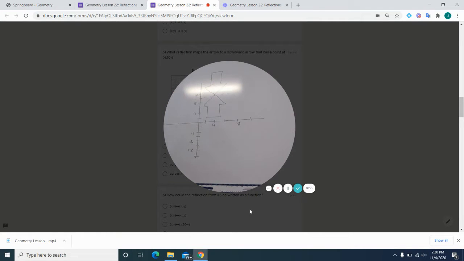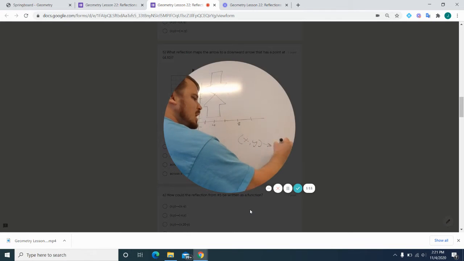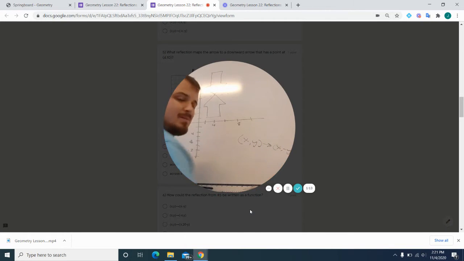So here's the thing. If we go from x comma y to, in order to flip it upside down, if you flip it over the x-axis, let's make the y negative. Let's see what will happen.